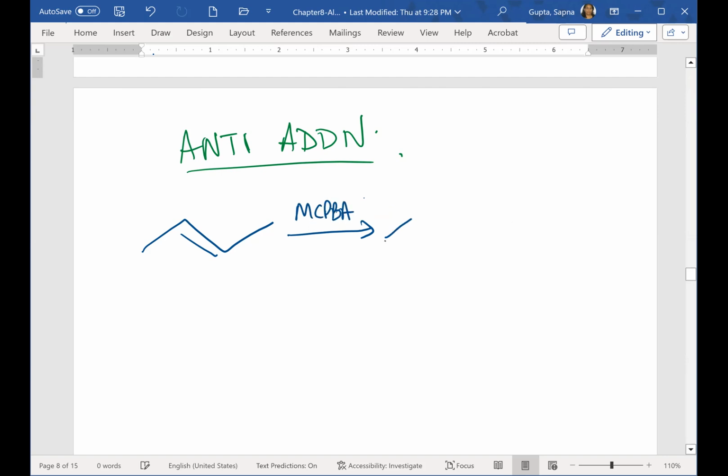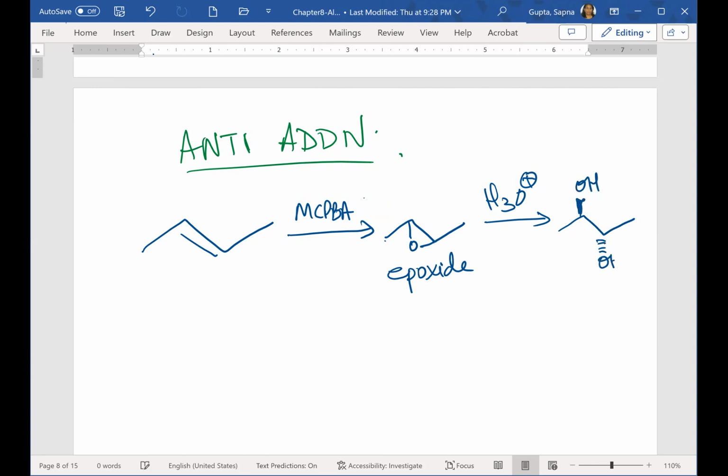So epoxide is something like this. It's a small 3-membered ring. You treat that with H3O+, acidic medium, so again, dilute sulfuric acid. And now you end up getting an anti-diol.